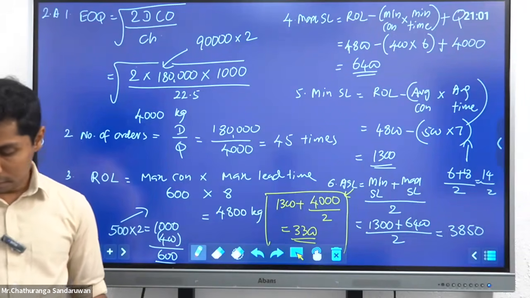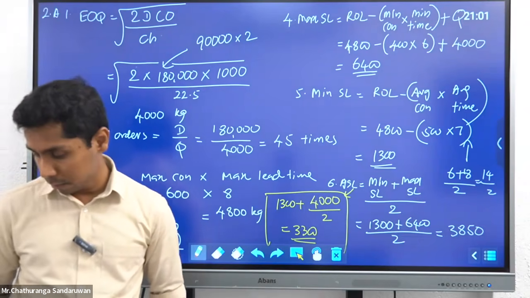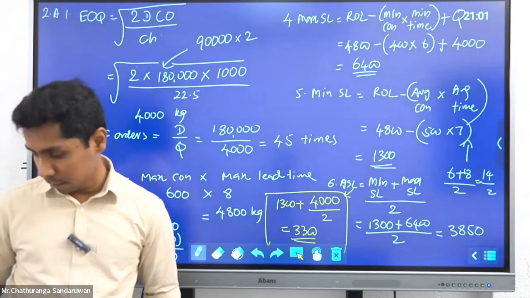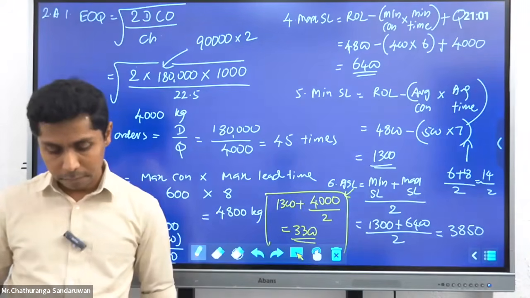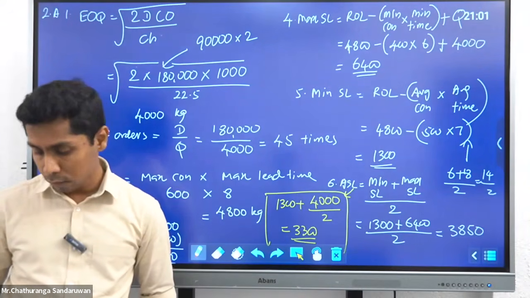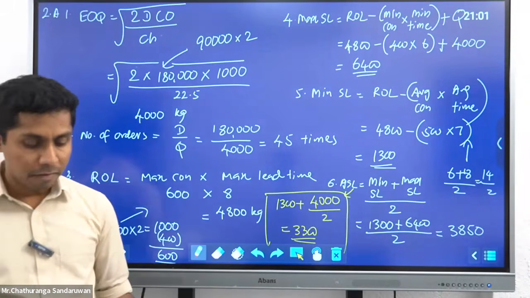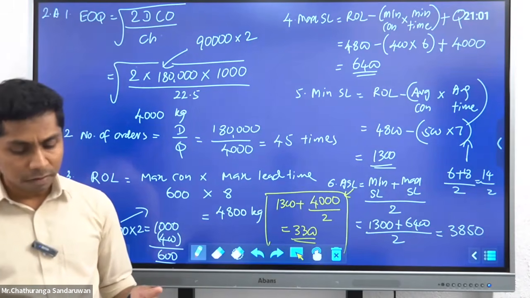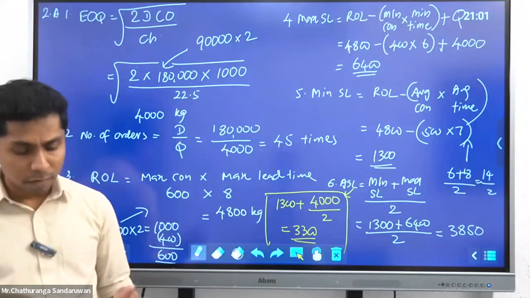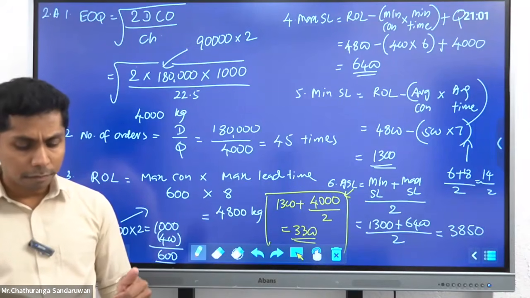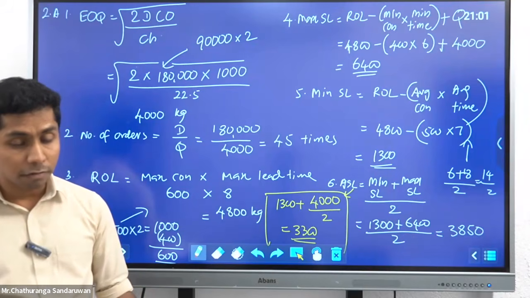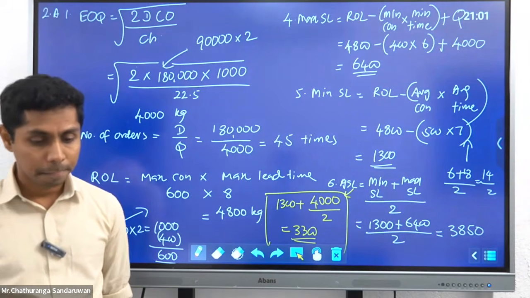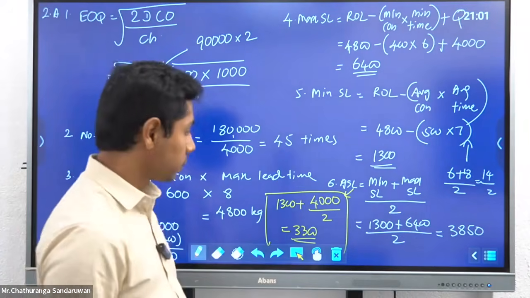The following production information relates to product X. Machine hours required in the assembly department, direct labor hours required for the finishing department, production units, non-manufacturing overheads. The selling price of product X is determined by adding 20% profit margin on total cost. Margin on total cost.